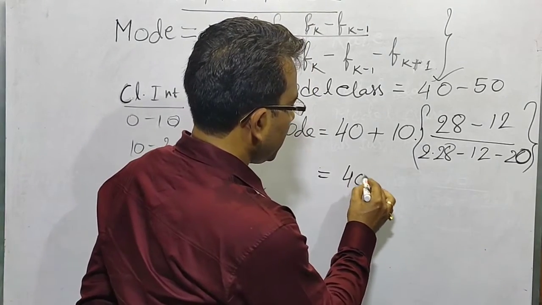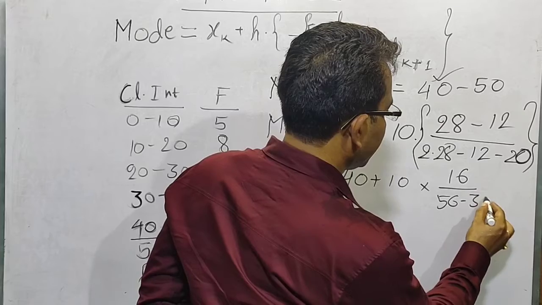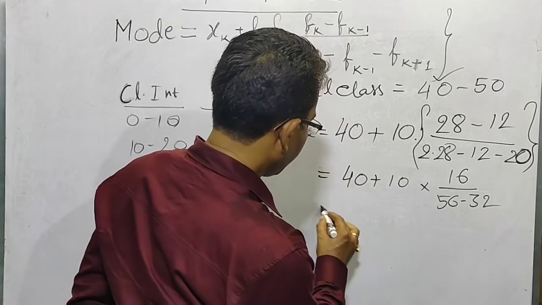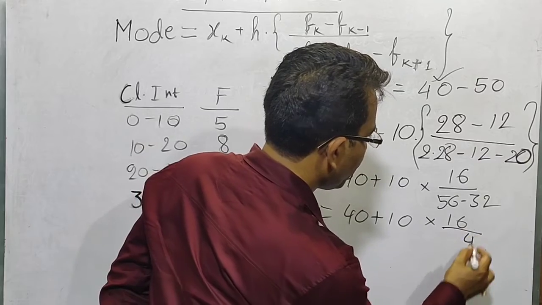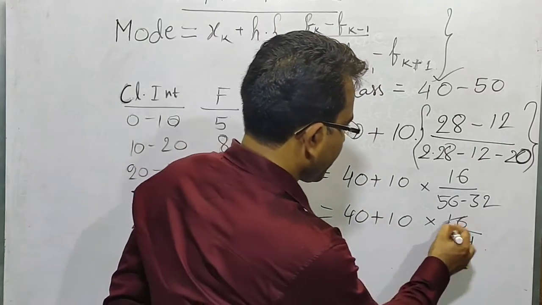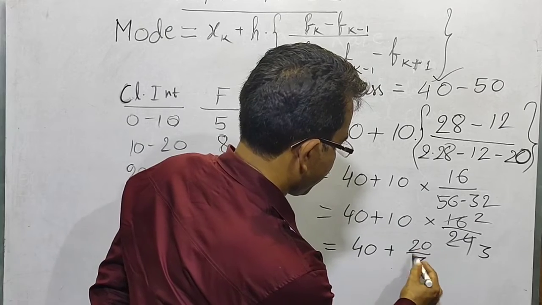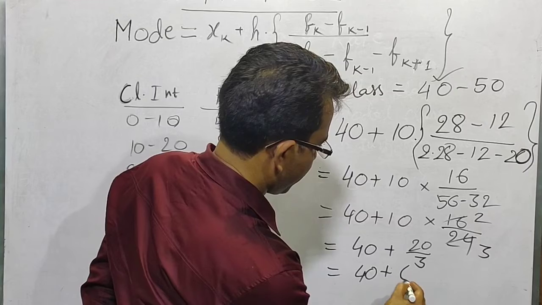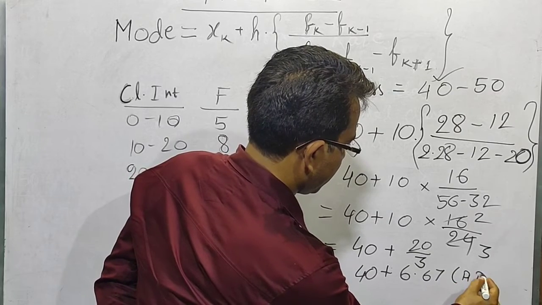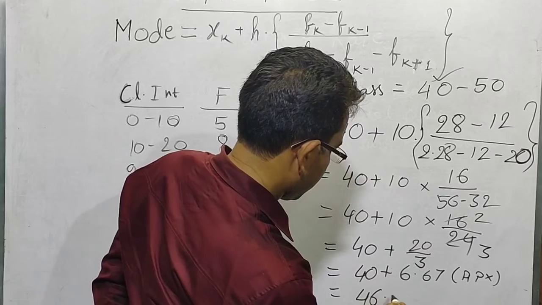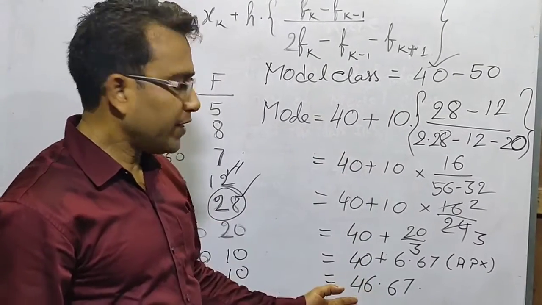Here 40 plus 10 into 16, 56 minus 32, that is 40 plus 10 into 16 by 24. Here, through a simple calculation, you can find the mode.